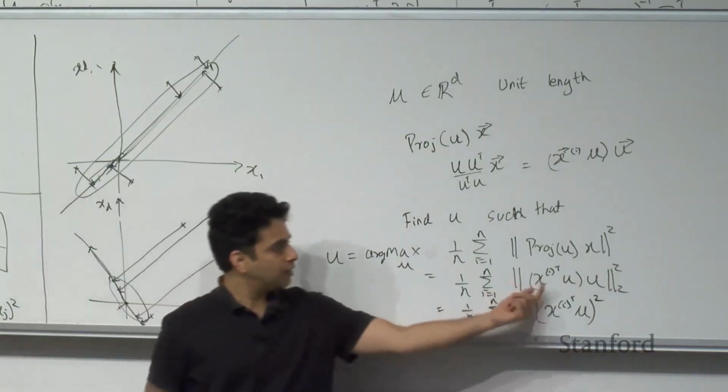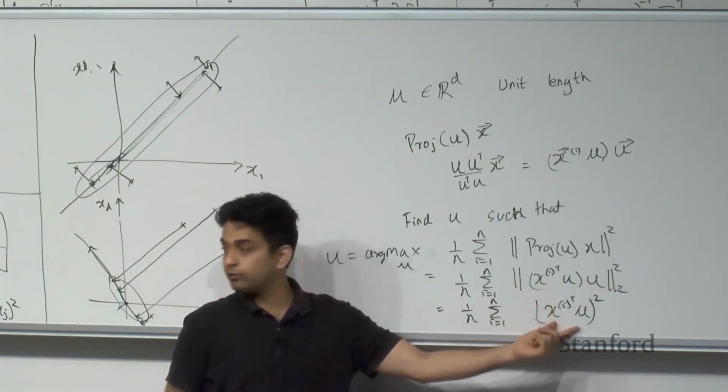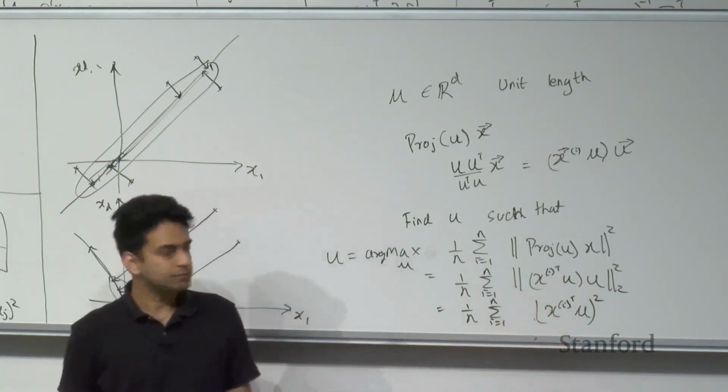The norm of a scalar times a unit length vector is just the square of the scalar itself.